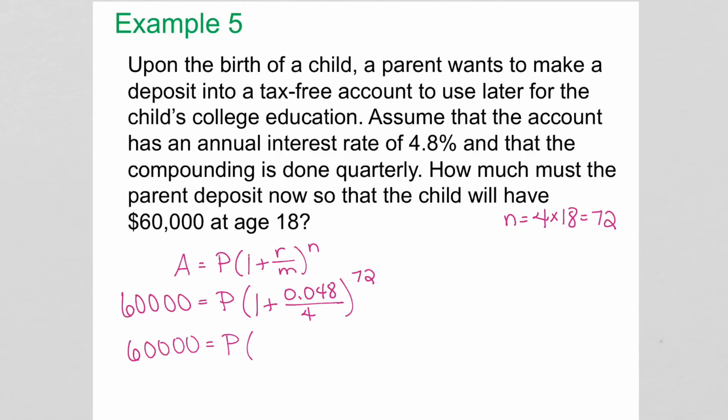So we need to take one step at a time here. 0.048 divided by 4 is 0.012. Add that to 1. Give me a second to take this to the next page. Okay.